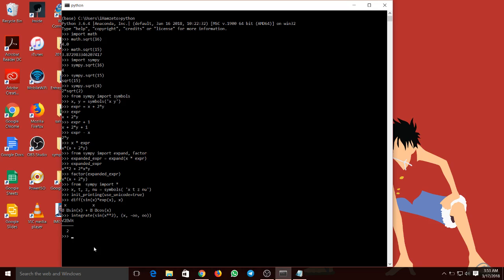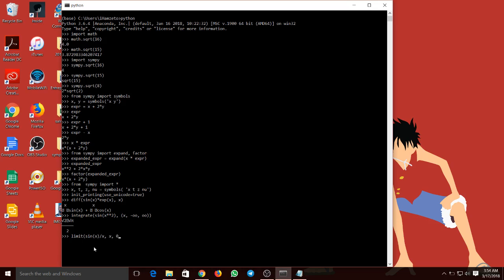So let's say we want to do limits: the limit of x to 0 of sine x all over x. We'll do limit of bracket sine bracket x bracket closed divided by x, then comma, then we give x, and comma, then 0.